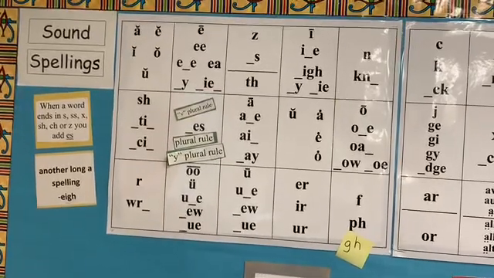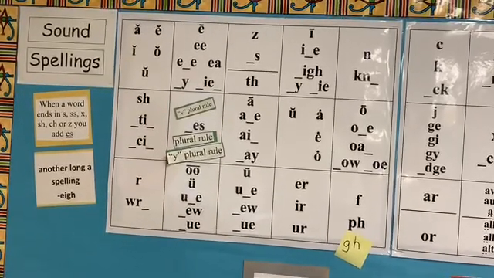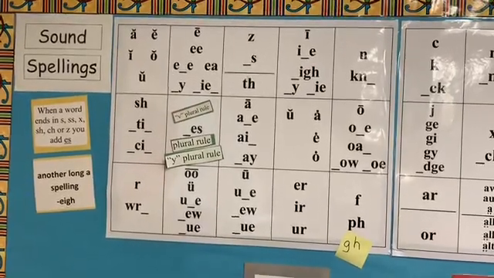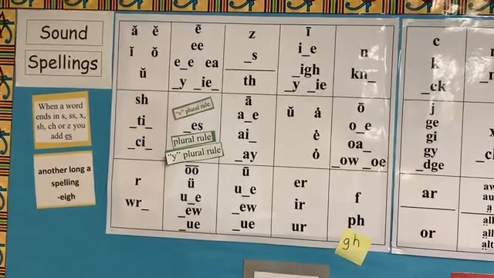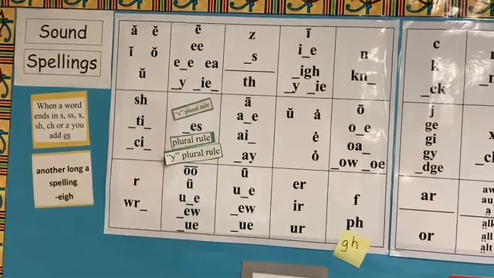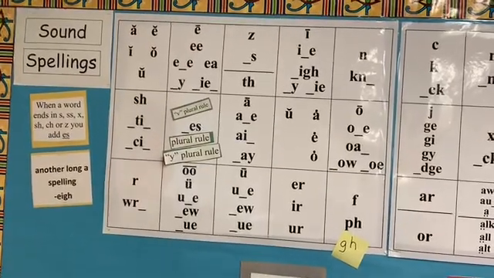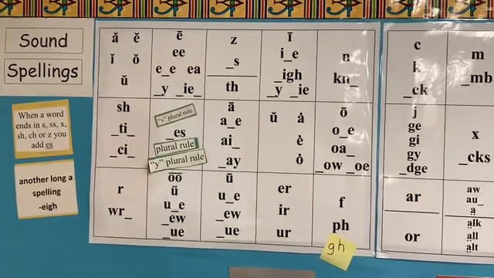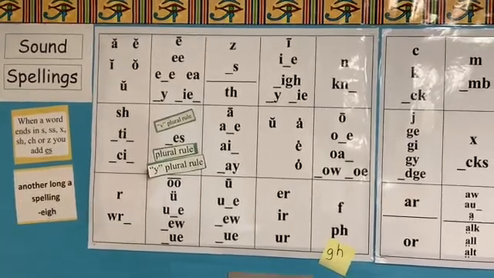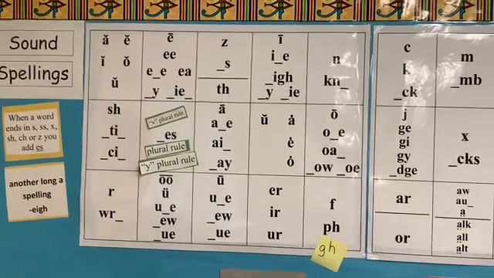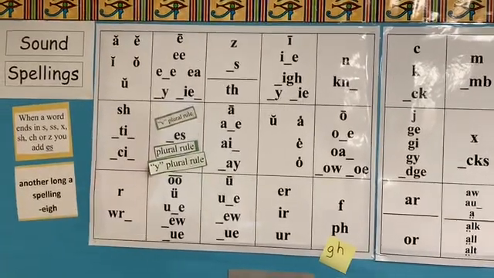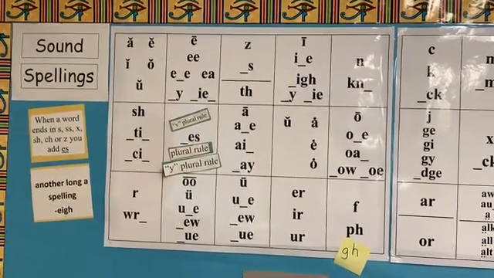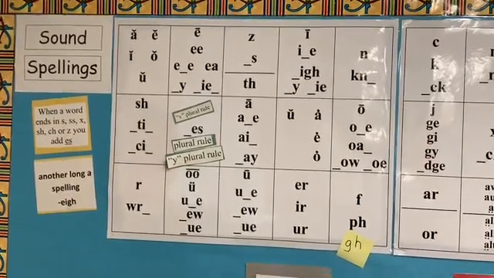Another long A spelling, blank EIGH. Sound. A. Spellings. A mark, A blank E, AI blank, blank AY. Sound. Spellings. A dot, E dot, O dot. Sound. O. Spellings. O mark, O blank E, OA blank, blank OW, blank OE.